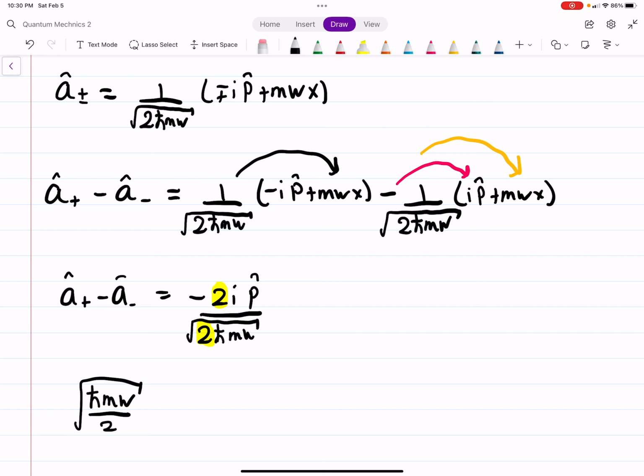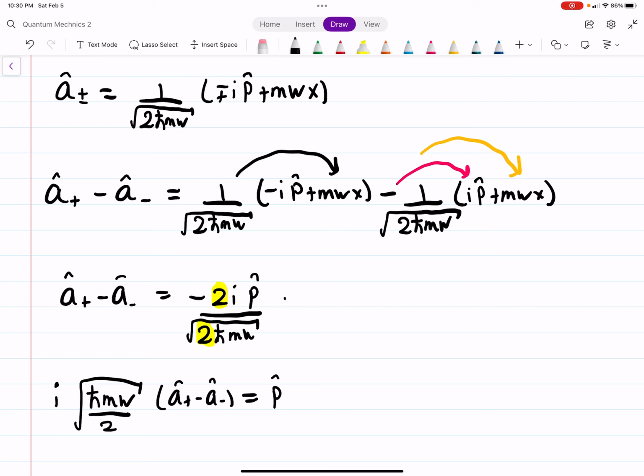So this is just root 2 in the numerator, and then we divide it over. Our ladder operator equals minus i p hat, and then if we divide over by minus i, that's the same thing as multiplying by just i.